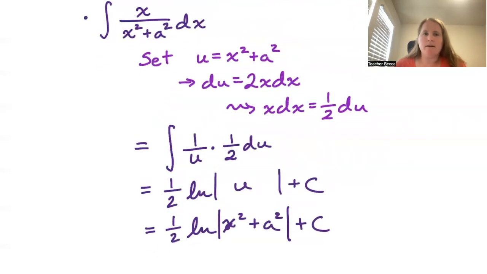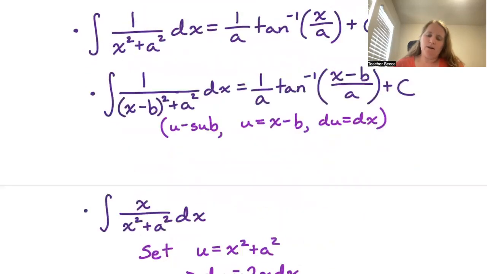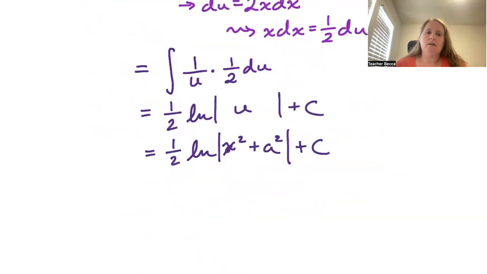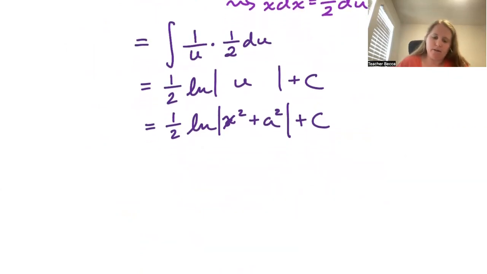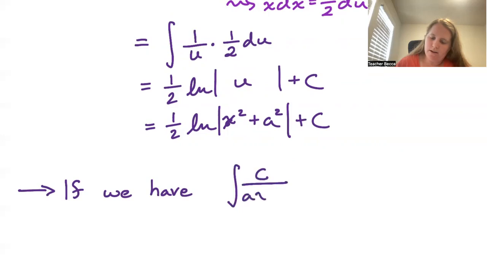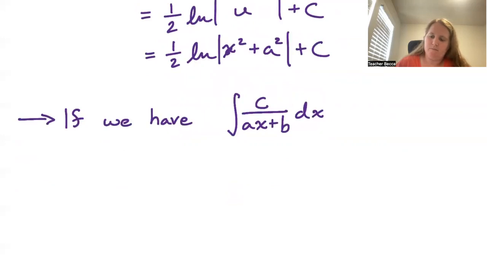And we have, again, other variations of this, but essentially, if we have any linear factor over a quadratic, prime quadratic, or a constant over a linear factor, we can integrate it. So if we have the integral of a constant over ax plus b dx, we can integrate it.